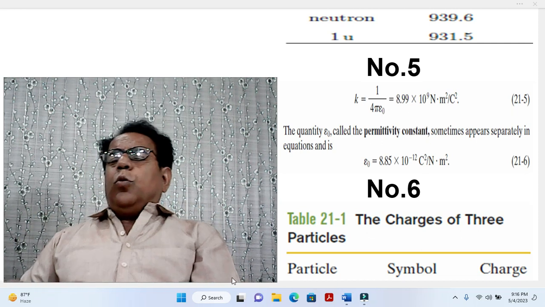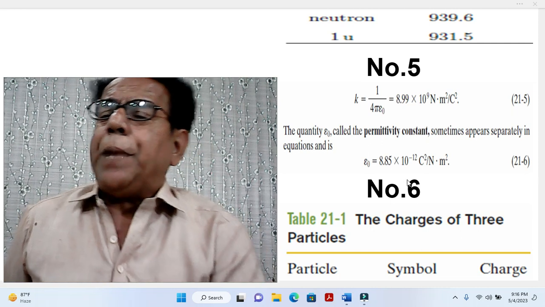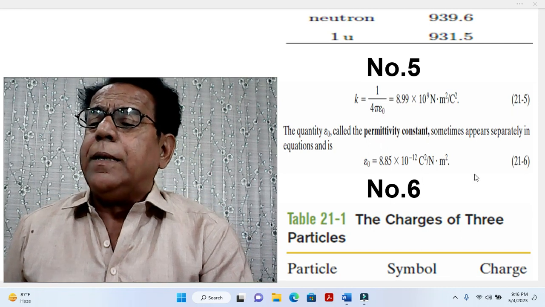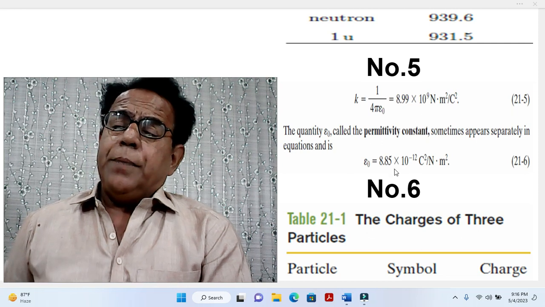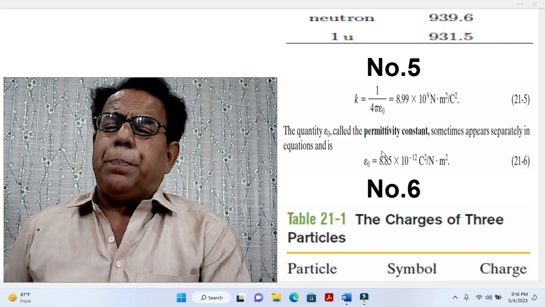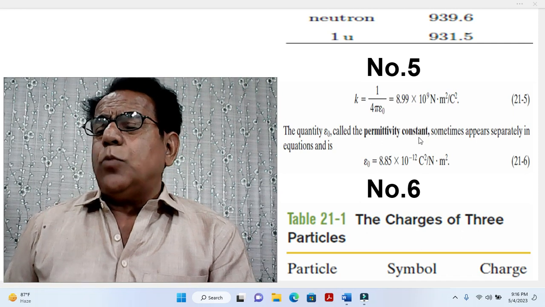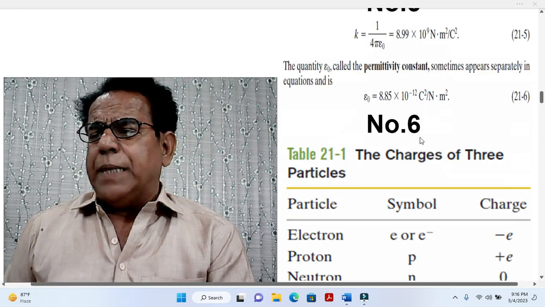So we will prefer e square over 4 pi epsilon naught. However, it is better to mention all values separately, just in order to have basic understanding.